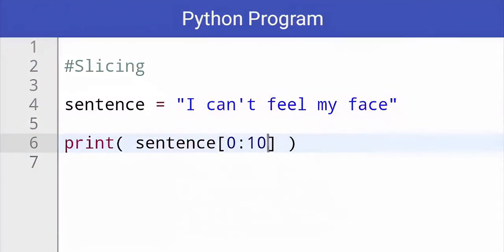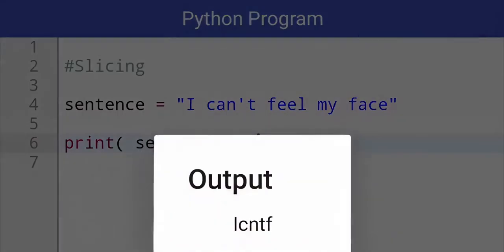And this is going to be 2. So I will be displaying every other character, going from 0 to the 10th index. Let me run this code. And you can see that we're printing every other character and we're dropping the characters in between.